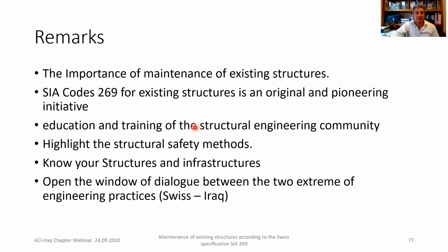I think the code ACI 269 is an original code. It's progressive. Maybe it is the only design code for structural engineering for existing structures. I don't know. Correct me if I'm not. I have some ignorance about other design codes.